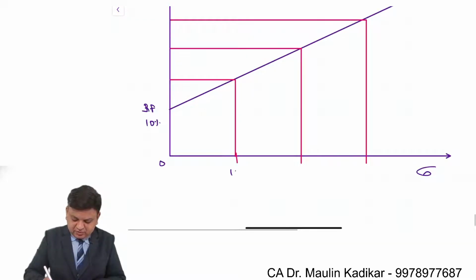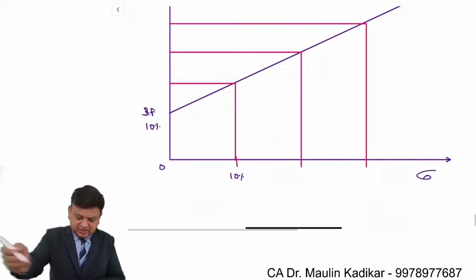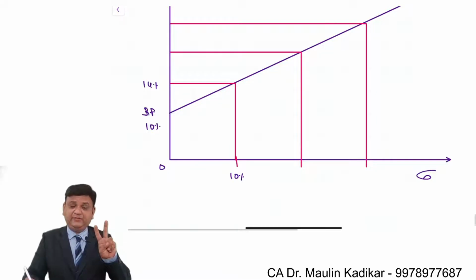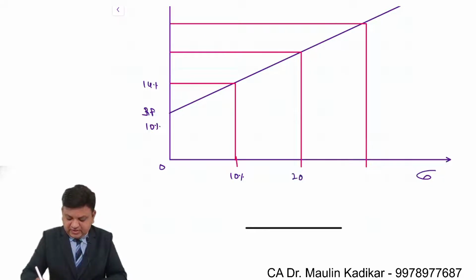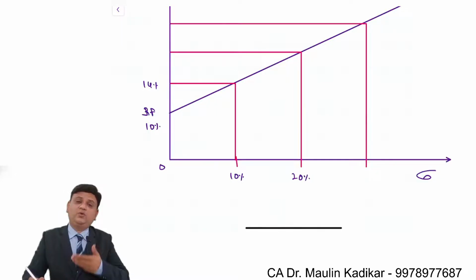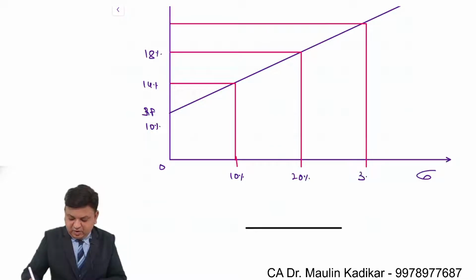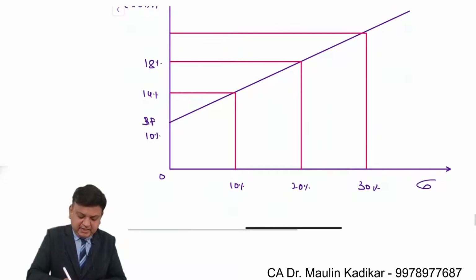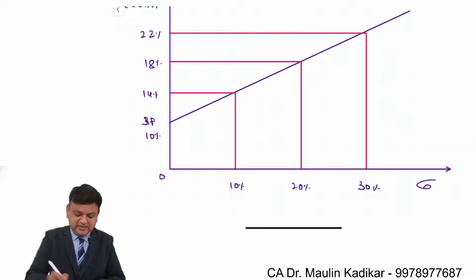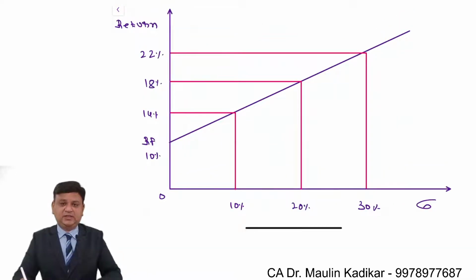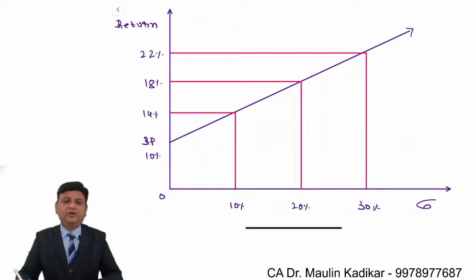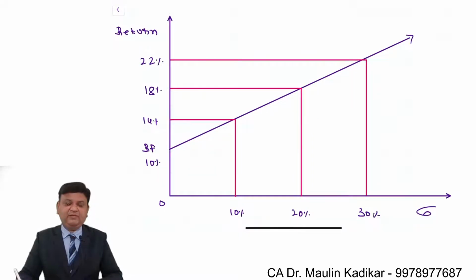So risk is 10% over here, and the return is 14% over here. That is, 50% investment is made. This is 20%, that is, investment is made only in security X. In that case, the return is 18%. When you borrow and invest, the risk increases further, let us say to 30%, and the return increases from 18 to 22%. This is the way the return and risk both are increasing. Over here, this line will go like this for infinite value. This is the way we can draw the diagram.